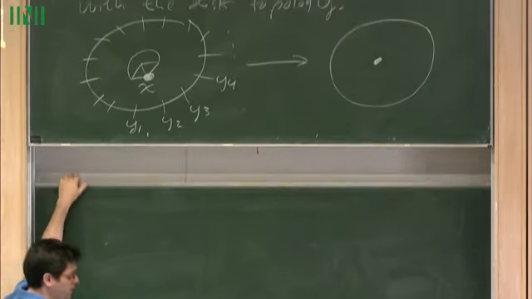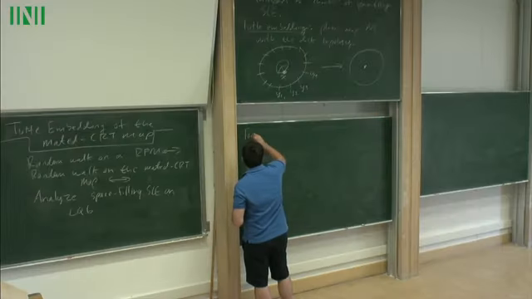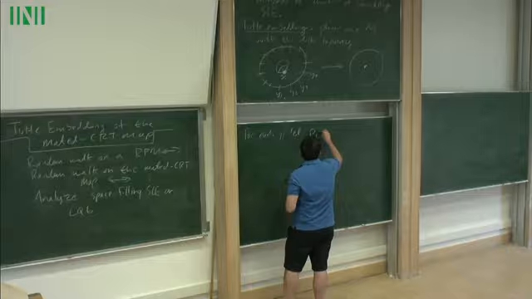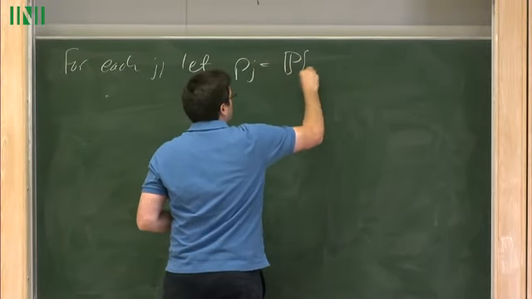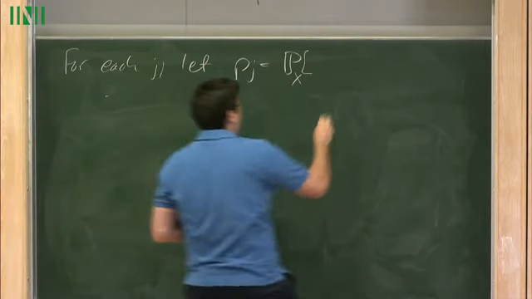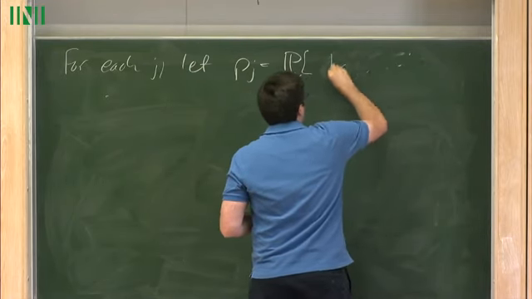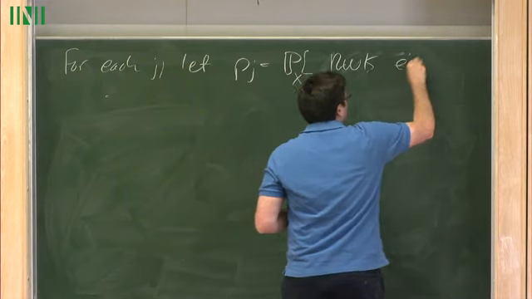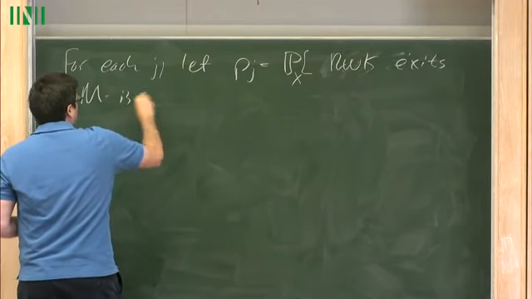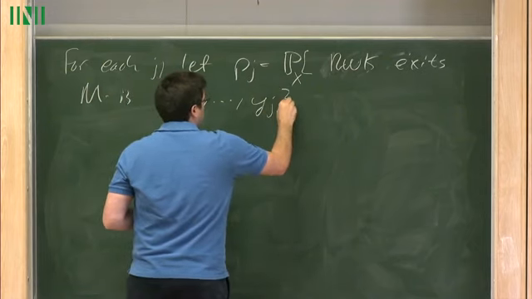And the way that it's defined is that for each j, I'm going to let p sub j be the probability that a random walk starting from my special vertex x exits the map in the interval from y1 up to yj.